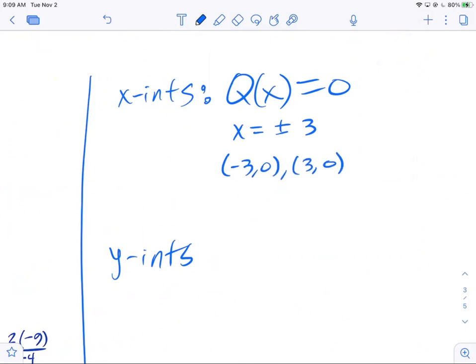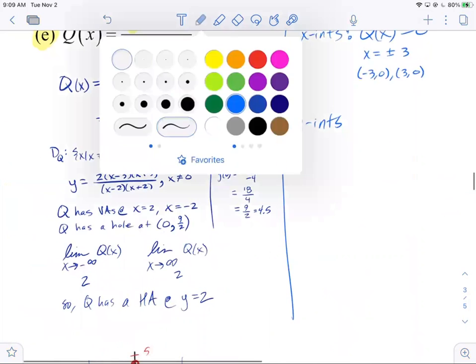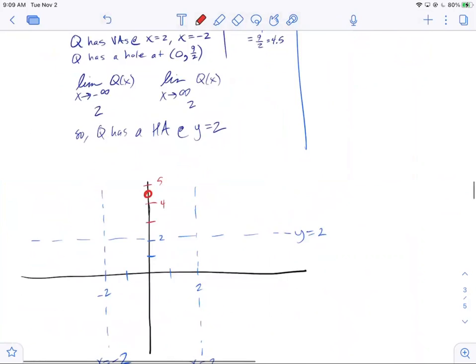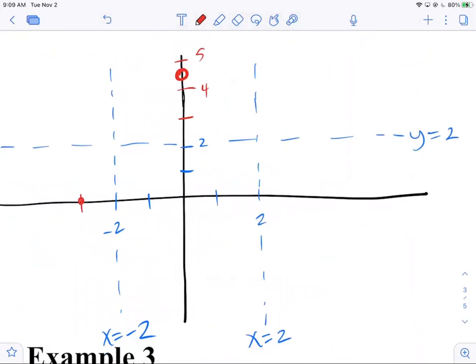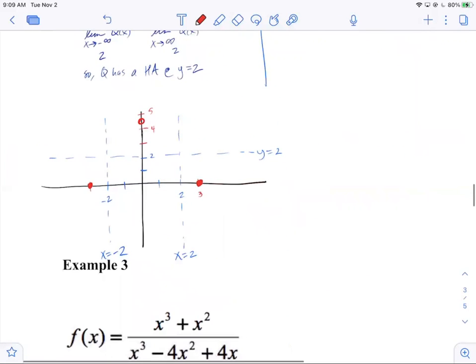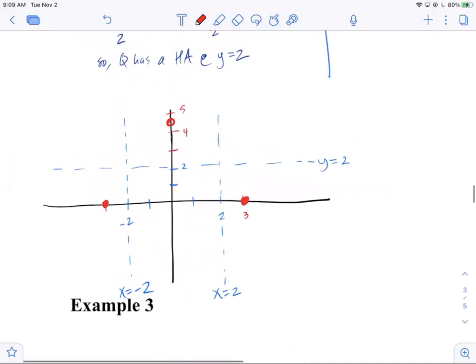Well, I can plot those dudes. So let me go ahead and do that in red. -3, 0. That's an x-intercept. +3, 0. Another x-intercept. Looking good. Hey, this graph, just kind of FYI, do you notice anything symmetrical about this graph so far?